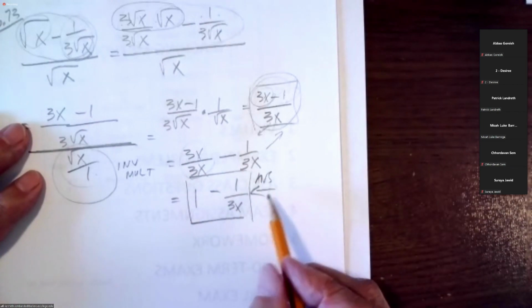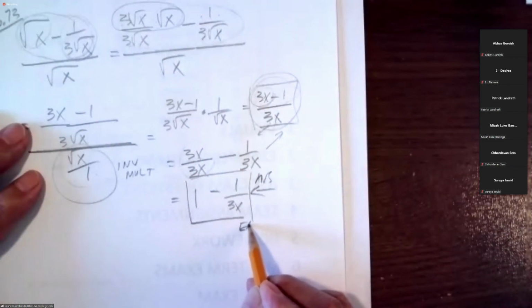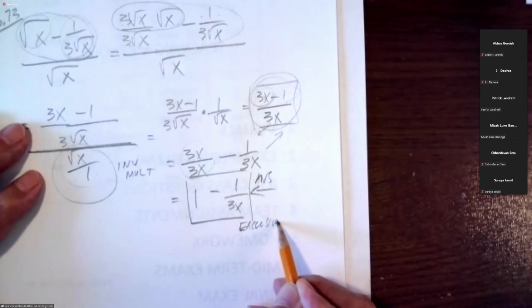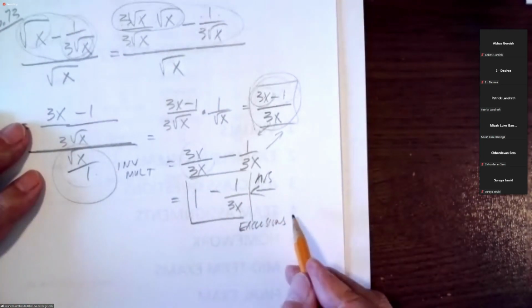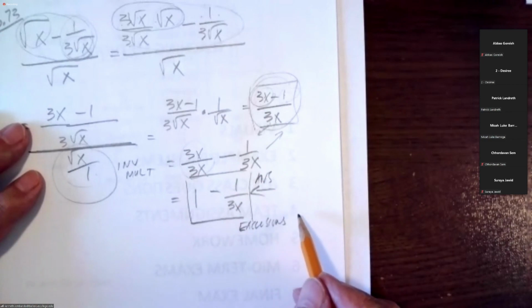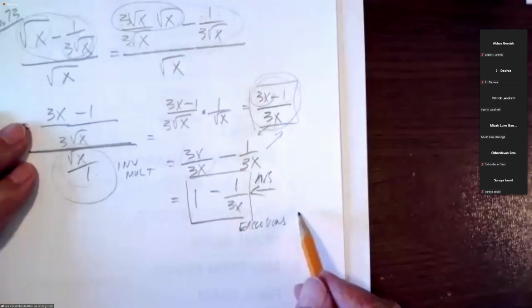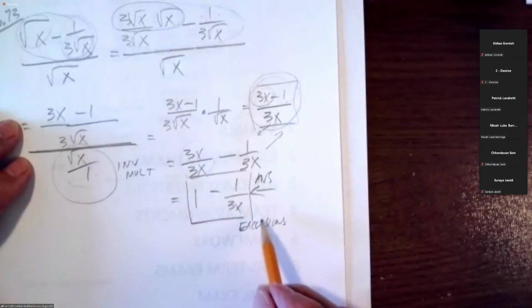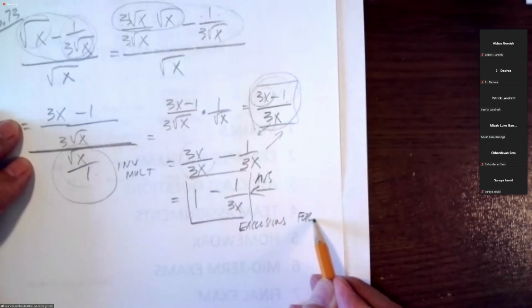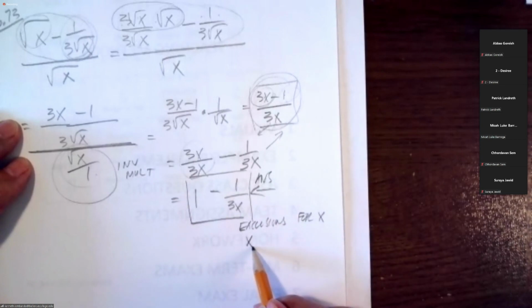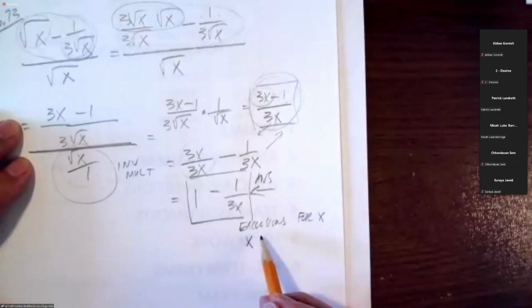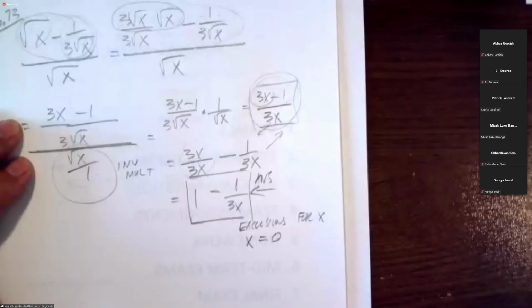Okay, and then are there any exclusions? Are there any exclusions for the variable x? Is there anything x can't equal? Can x equal 0, for instance?